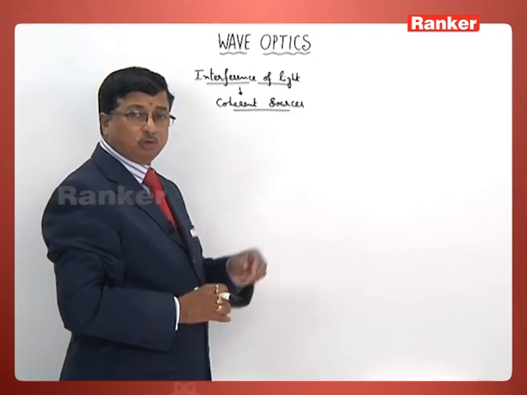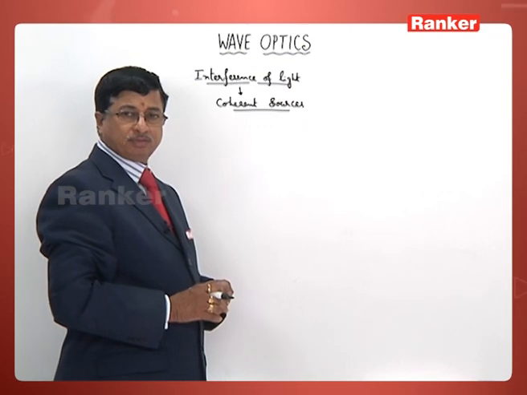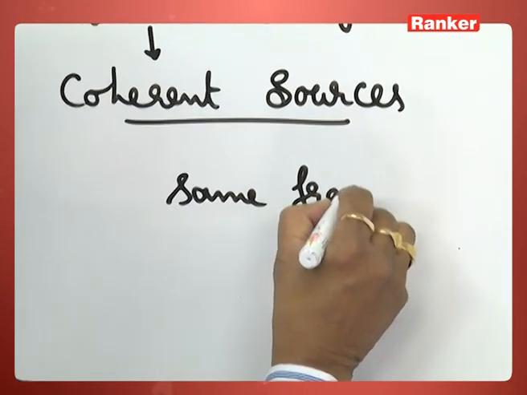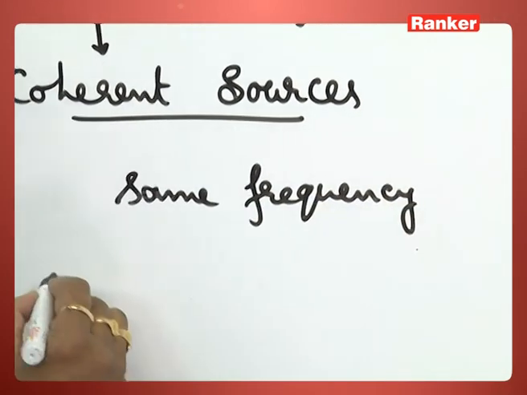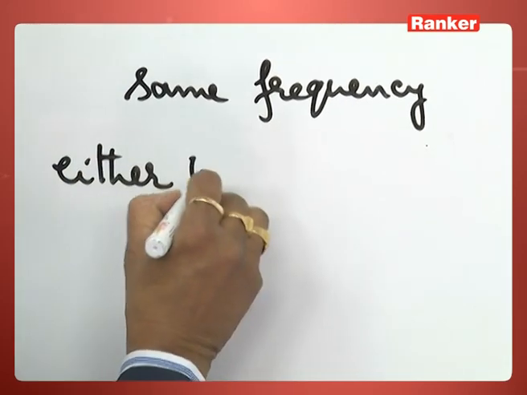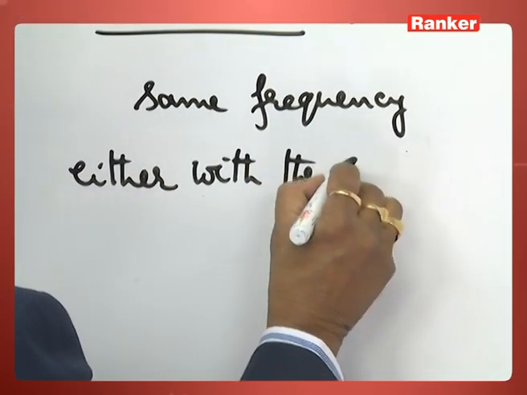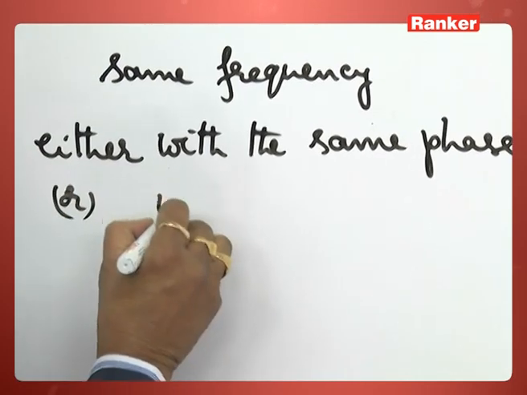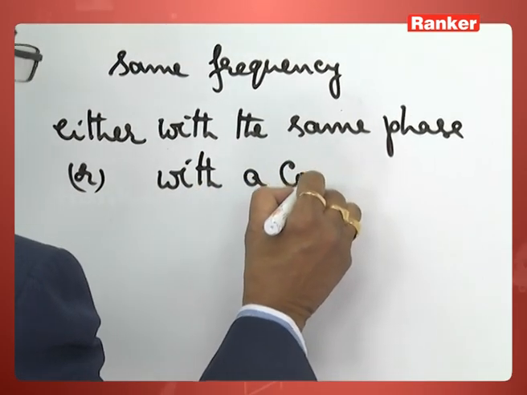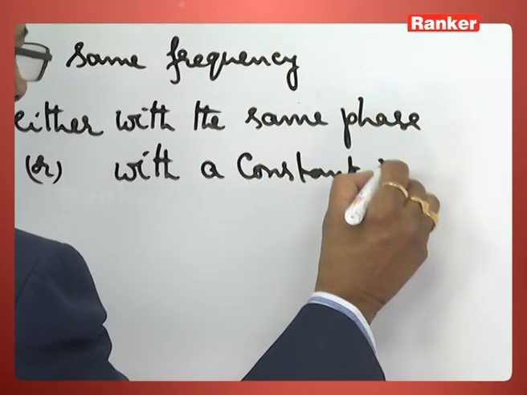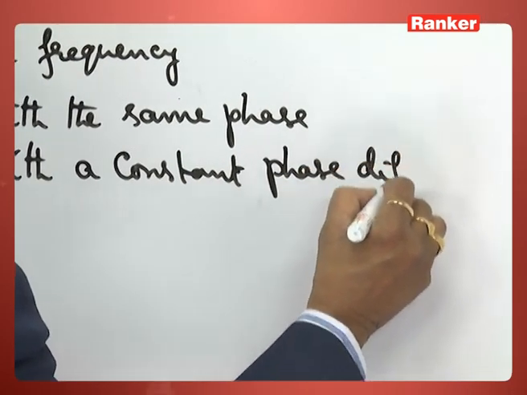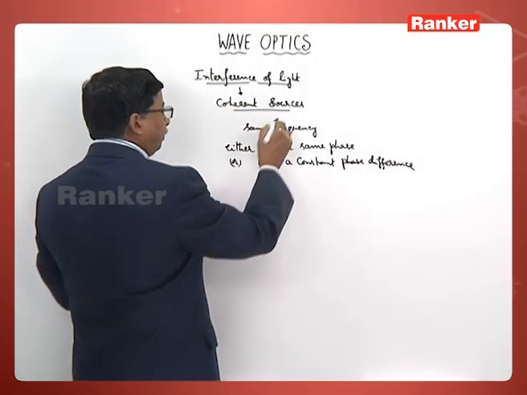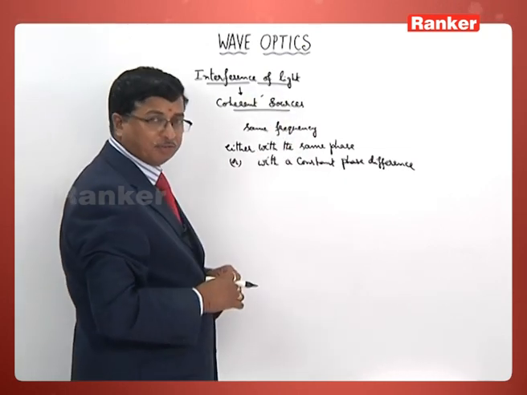Coherent sources are those sources of light which will emit light with the same frequency, either with the same phase or with a constant phase difference. That is the pair of sources which we call coherent sources.